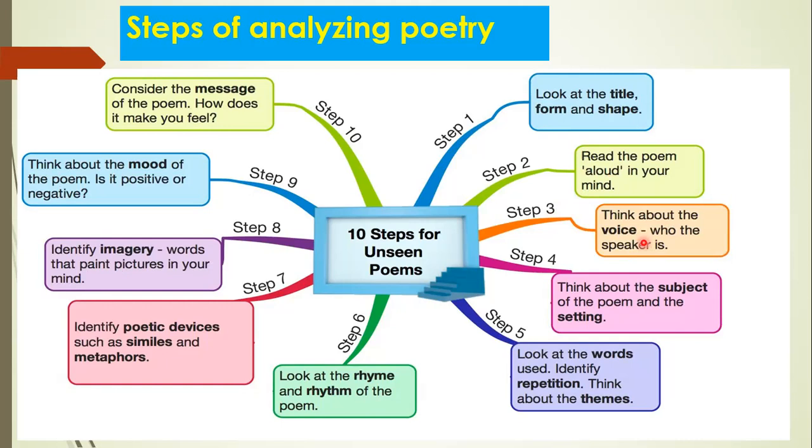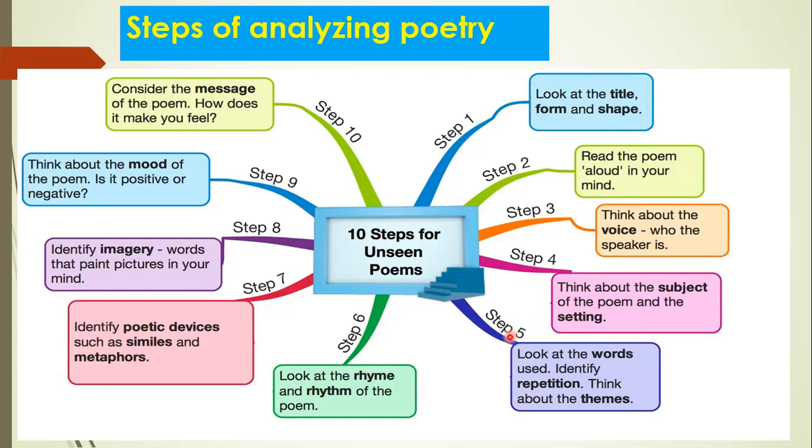Is he the poet himself or somebody else? Step number four, we need to think about the subject of the poem and the setting. So the subject, what the poem is about, and then the setting of the poem. By the setting we mean the time and the place.